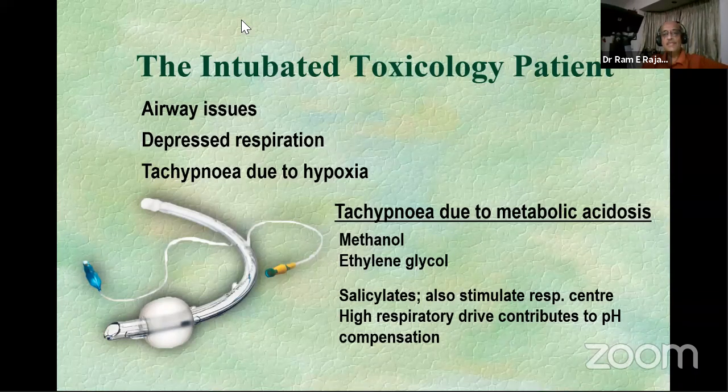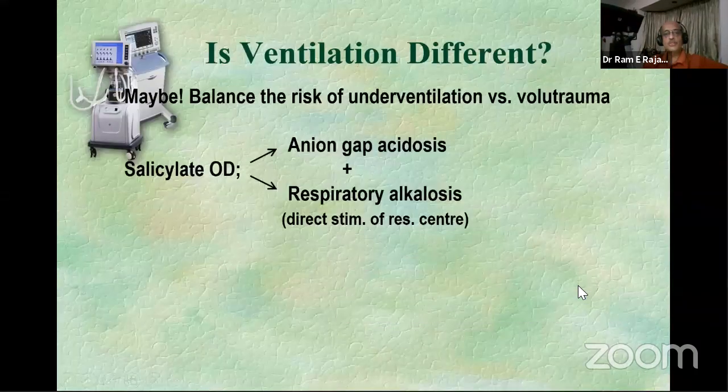But when you're dealing with a tachypneic patient who has an associated significant baseline metabolic acidosis, these are the drugs that you'd worry about: methanol, ethylene glycol, salicylates, okay? And the salicylates also stimulate your respiratory center. We need to be very clear that we need to give some attention to this.